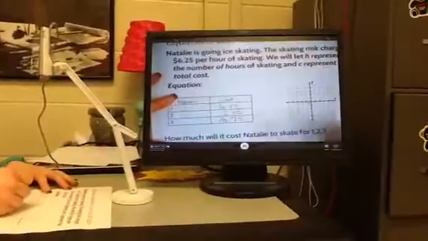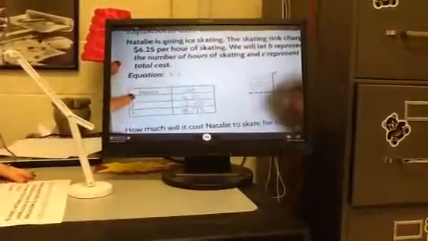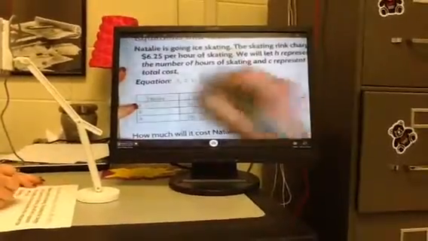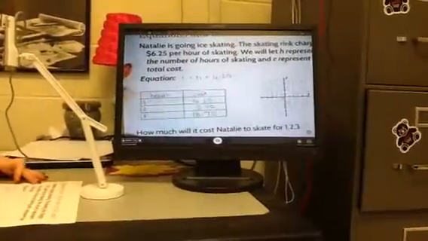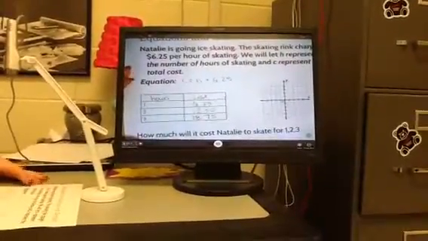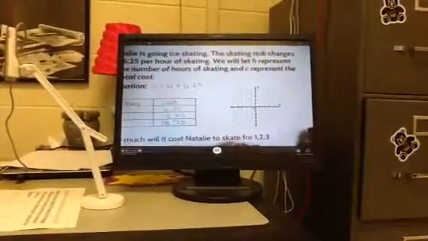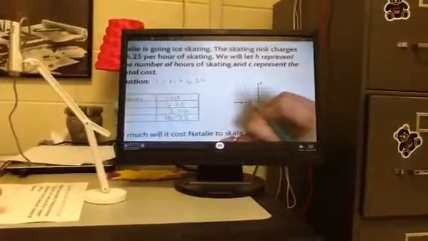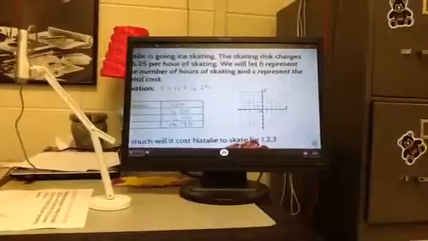So my equation is going to be the cost, C, equals my number of hours, how many hours I skate, times $6.25. So then I could graph that over here. I could say that this is 1 hour and that this represents the $6.25, and I can put a point right there.